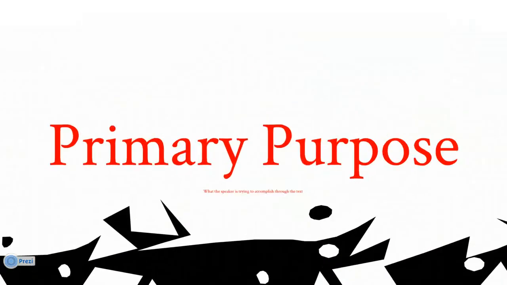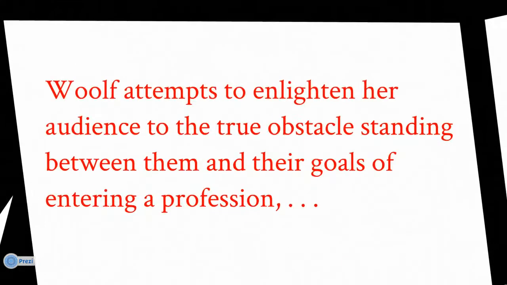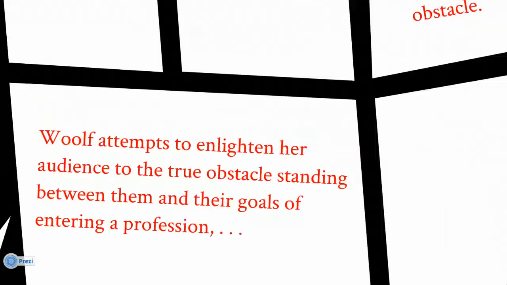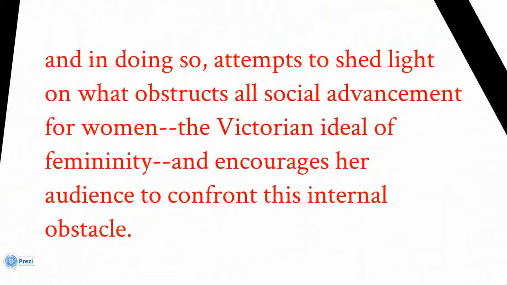First, we're going to start with the primary purpose. What is the purpose of this excerpt from Virginia Woolf's Professions for Women? Here's what I think. I think that Woolf is attempting to enlighten her audience to the true obstacle that stands between them and their goals of entering a profession. And in doing so, she attempts to shed light on what obstructs all social advancement for women at this time.